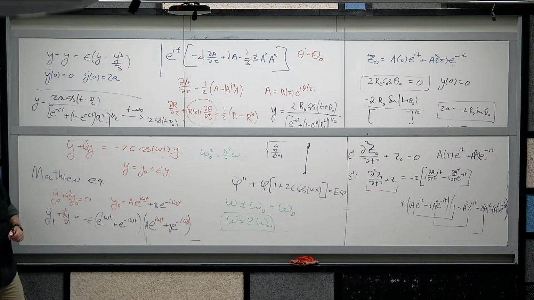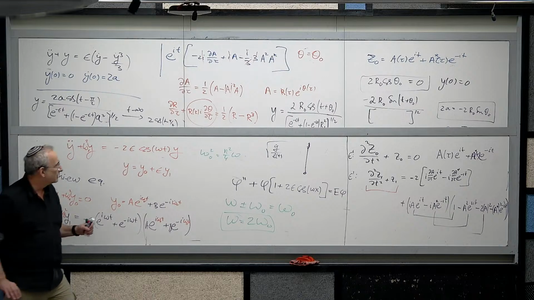This is not good. You're right. So this is omega squared. Let's take omega to be 1.